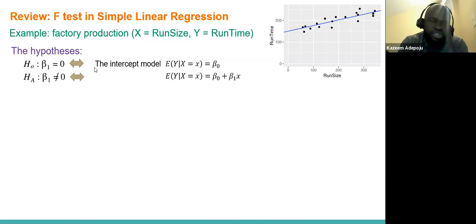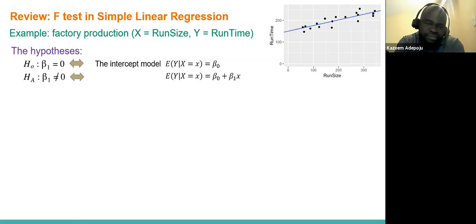Because when I put in a run size, I'm going to get different averages for different run sizes. So in this situation, it shows that there is a relationship between the run size and the run time.